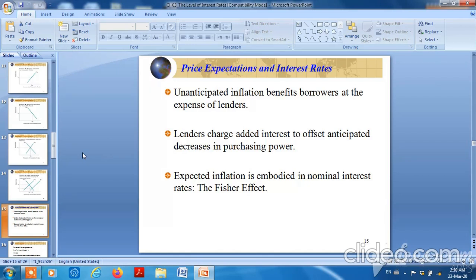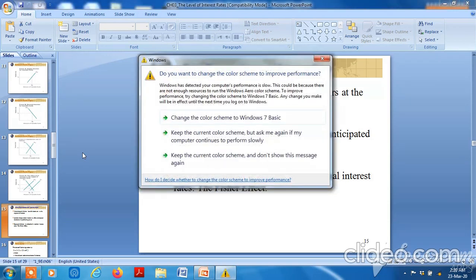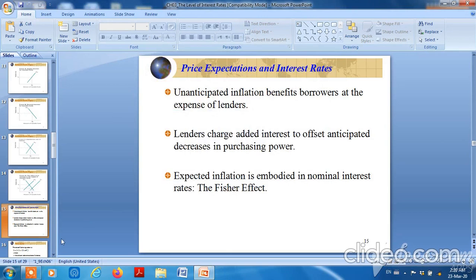That is why lenders charge added interest to offset the anticipated decreases in purchasing power because of inflation. The expected inflation as well will be embodied in nominal interest rates, and this is what we call the Fisher effect.